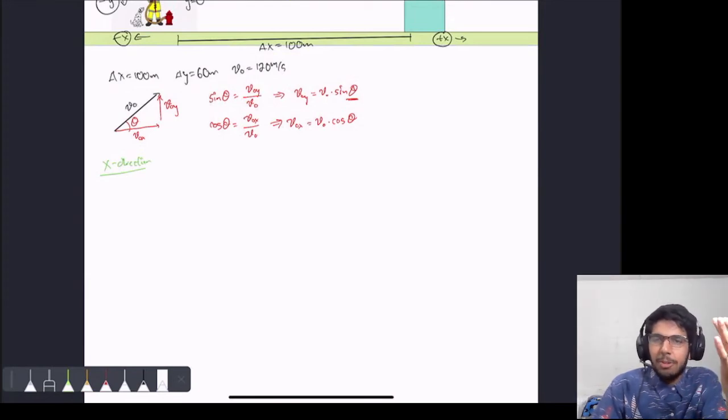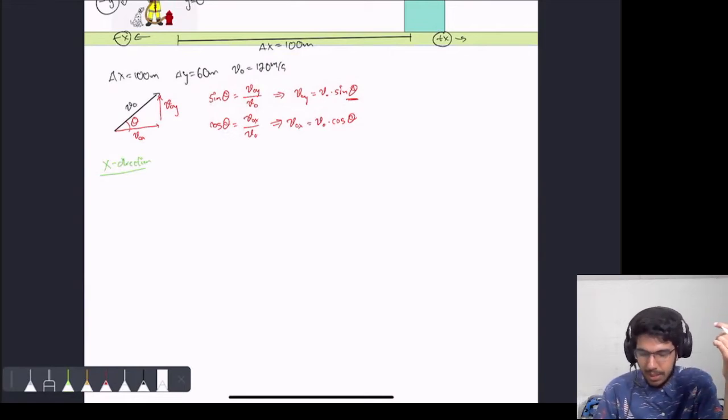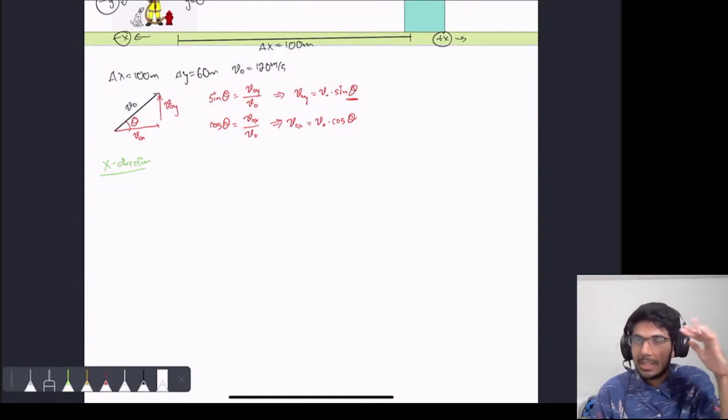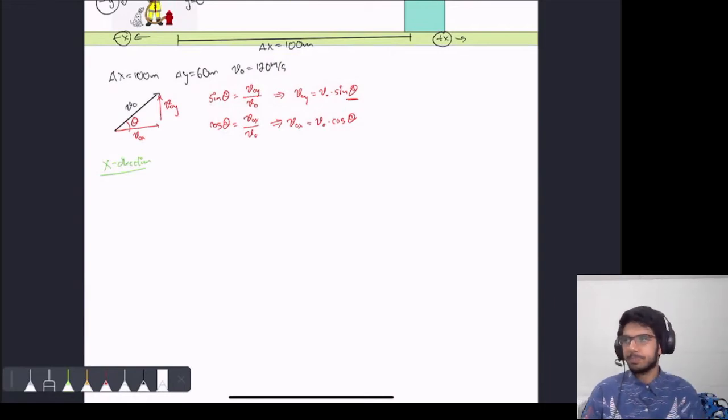We need to somehow relate the x direction and y direction together, and then we can solve for theta. And how do we normally relate the x and y directions? I talked about this a little bit a couple of minutes ago. We do this by time, right? Because the time in the x direction is the same as the time in the y direction. The other variables in each direction can differ, but time is always the same.